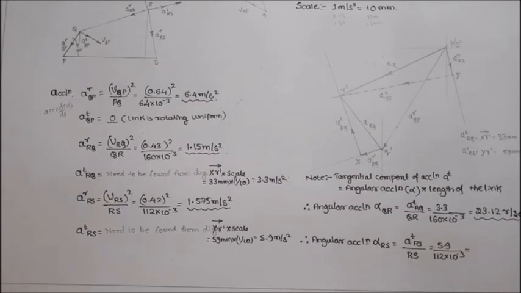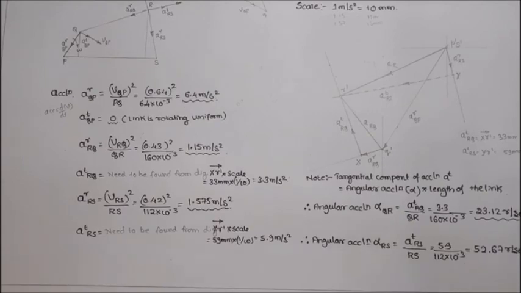The answer will be 52.67 radians per second square. So this will be the answer for our value.